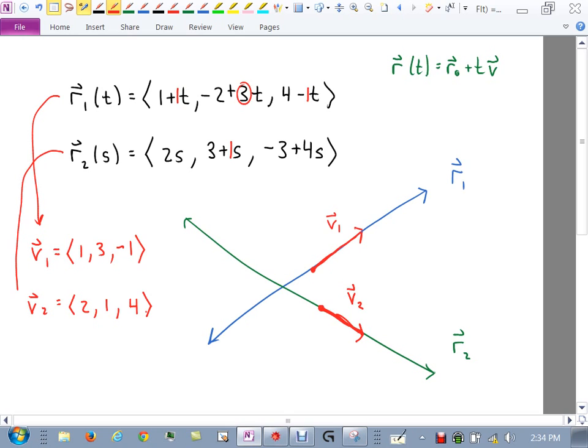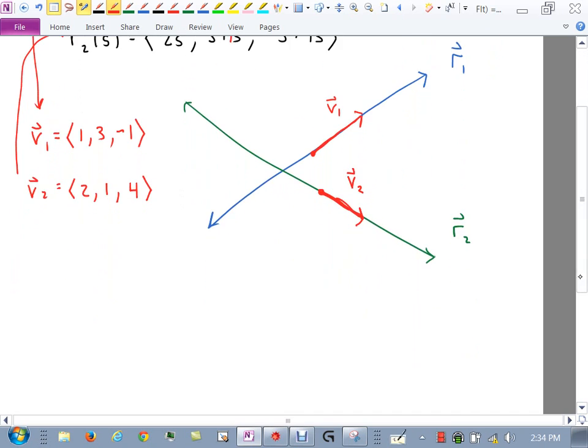Now let's check for orthogonality. So what's V1 dotted with V2? I'm checking the orthogonality, V1 dotted with V2. What did you get? 1? But that's not 0, right? They're not orthogonal. Agreed? You dot them, you get a number other than 0. So I can tell you right now, these lines are not orthogonal to each other.